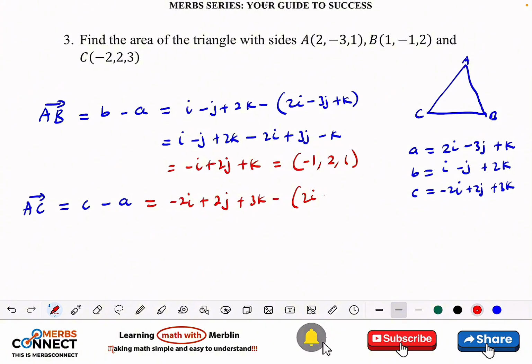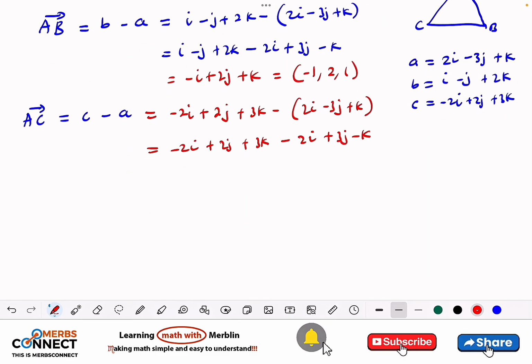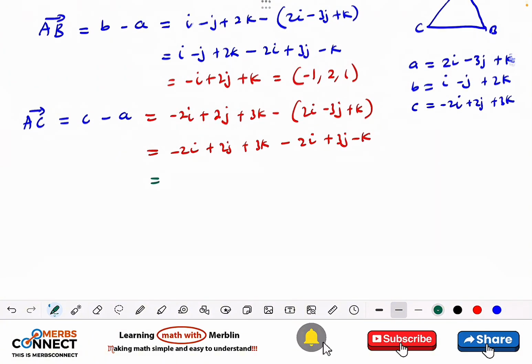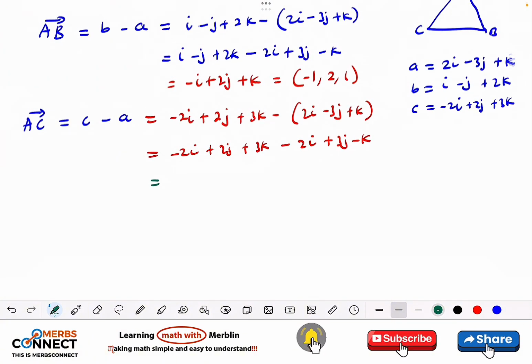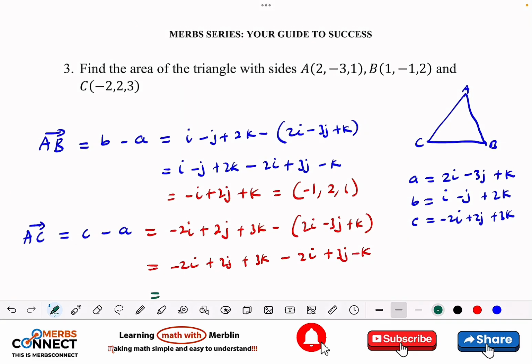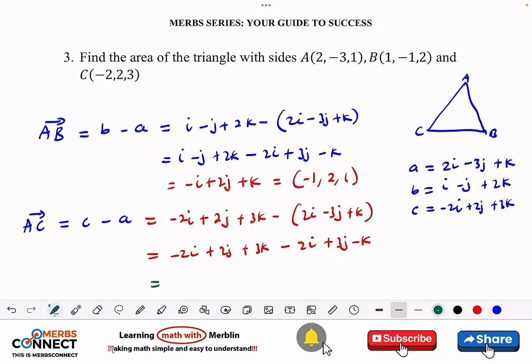So 2I minus 3J plus K. Simplify this, we have minus 2I plus 2J plus 3K minus 2I plus 3J minus K. So what are we going to get at the end? We have I, so this is going to give us minus 4, right? What's C? Yeah, it should give us minus 4.